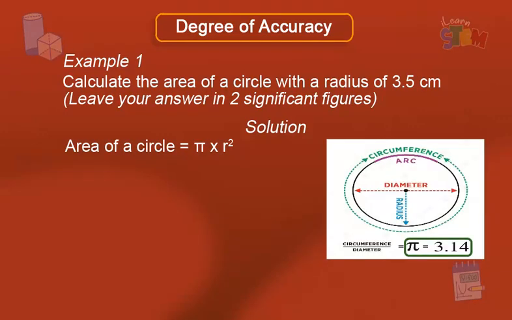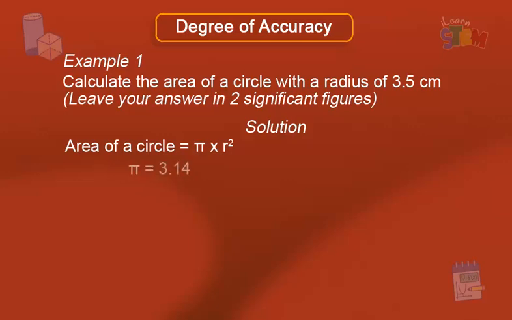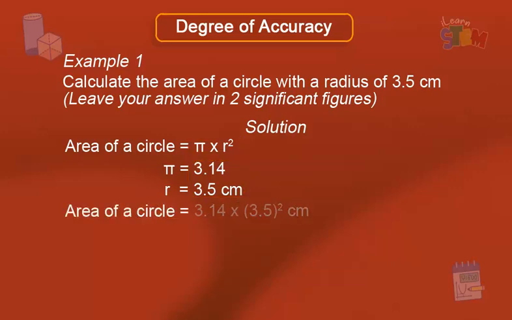So let's write, where pi equals 3.14 and r equals 3.5 centimeters. Let us substitute the values into the formula. That gives us 3.14 multiplied by the square of 3.5 centimeters.